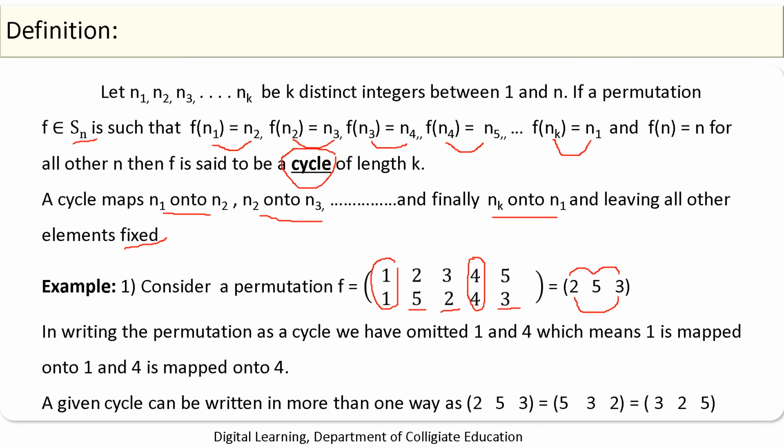This is said to be a cyclic permutation. Other than 2, 5, 3, the other two elements, 1 and 4, are fixed. So in this permutation F, we have a cycle, namely 2, 5, 3. This cycle can also be rotated and rewritten as 5, 3, 2 or 3, 2, 5.